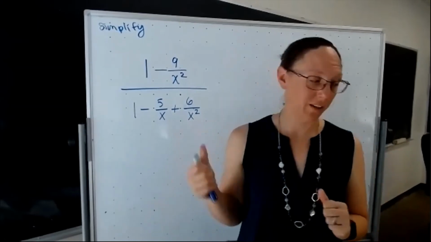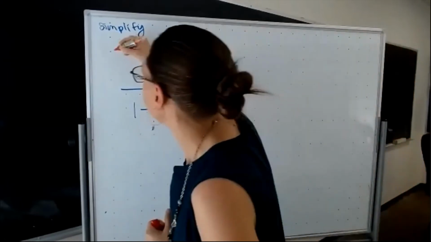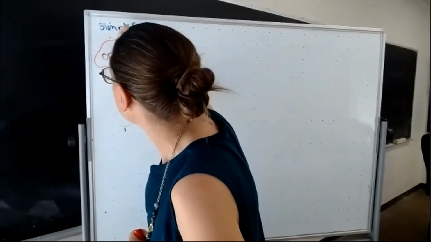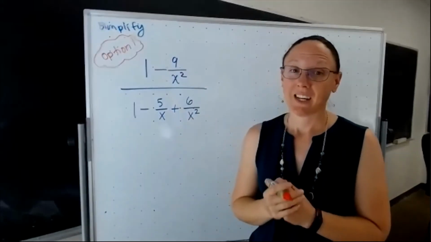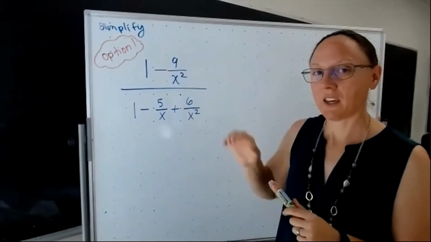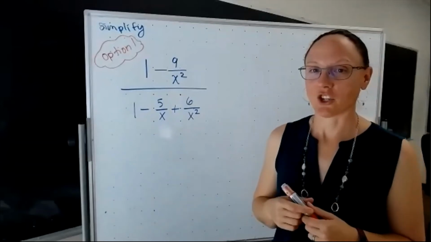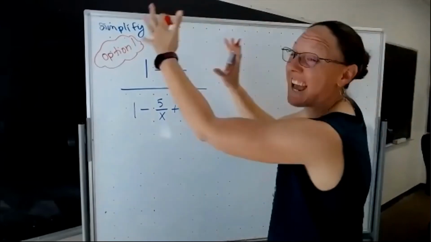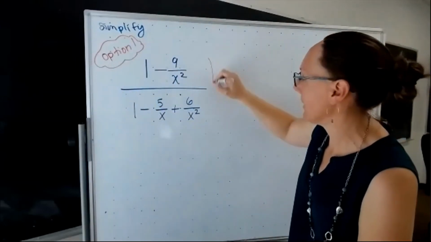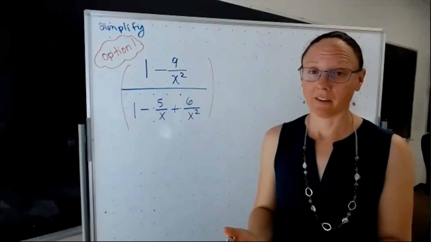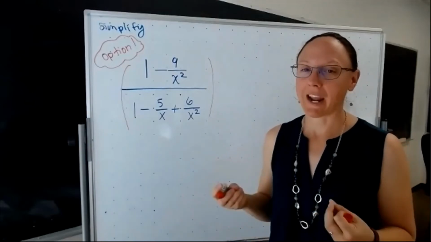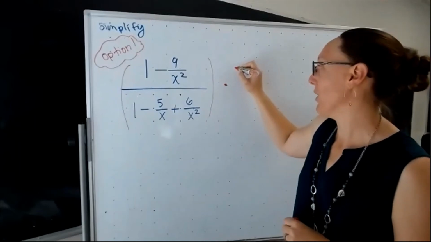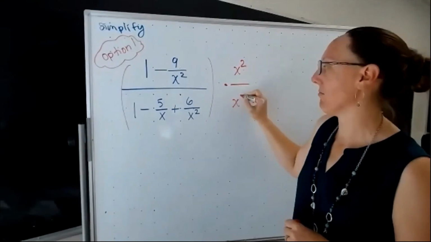So one option is, rather than individually getting common denominators for each term, to multiply the entire giant fraction by 1. That same idea that I'm creatively multiplying by 1, and my creative multiplication by 1 here would be x squared divided by x squared.